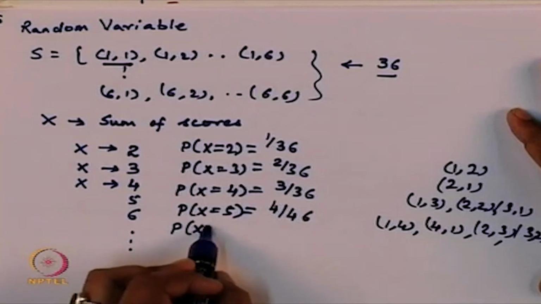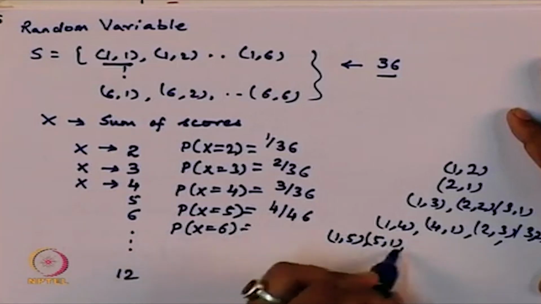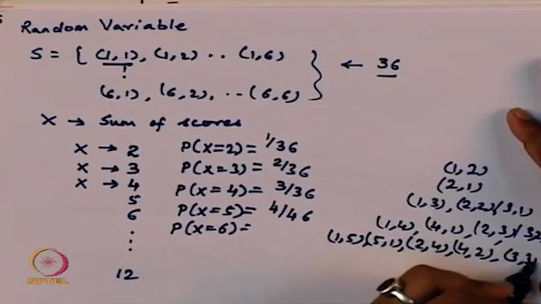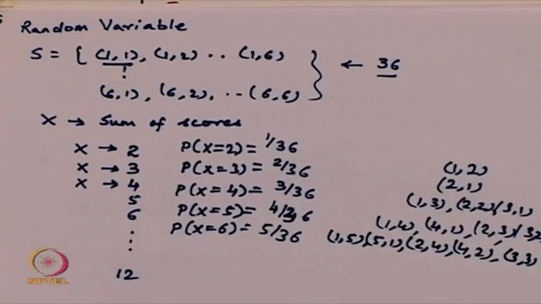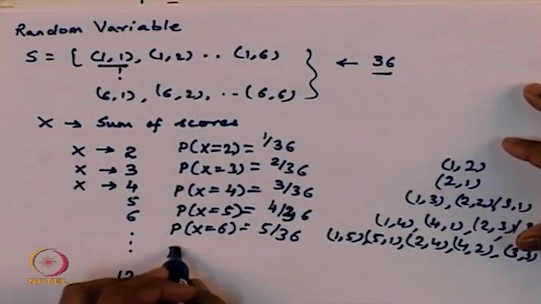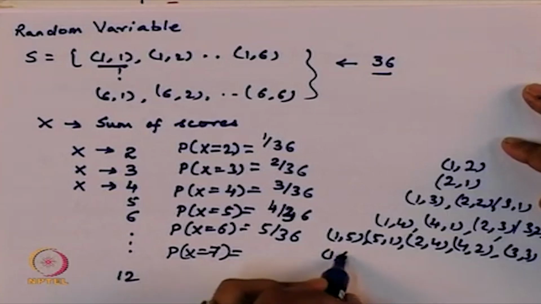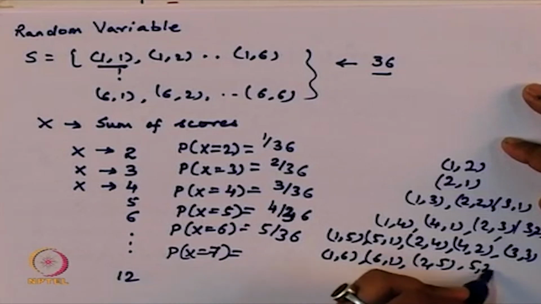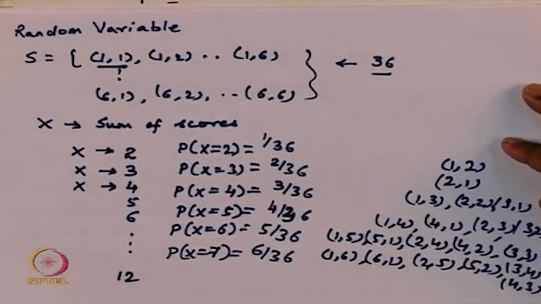Probability of x equal to 6 is 5 by 36. Probability of x equal to 7: I have (1,6), (6,1), (2,5), (5,2), (3,4), (4,3). I have 6 by 36.